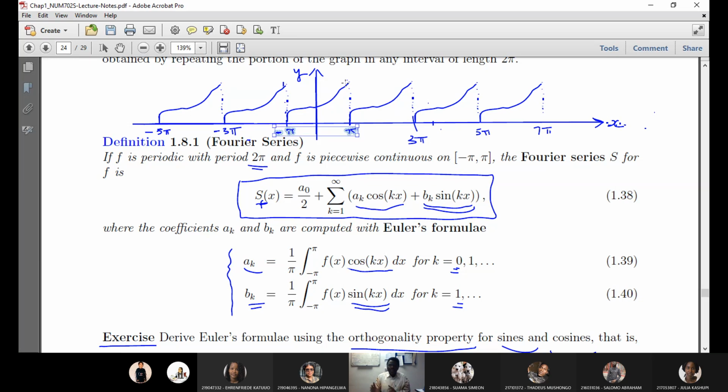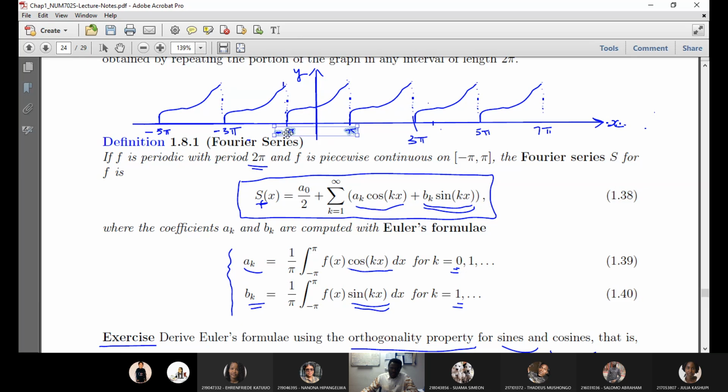Now, piecewise continuous will mean that I can shift by periodicity, because when it says periodic, it means that this value will repeat after 2 pi. So I can shift it by 2 pi to the left and to the right. This is pi. If I shift it to the left by 2 pi, I'm adding negative 2 pi to this and negative 2 pi to that.